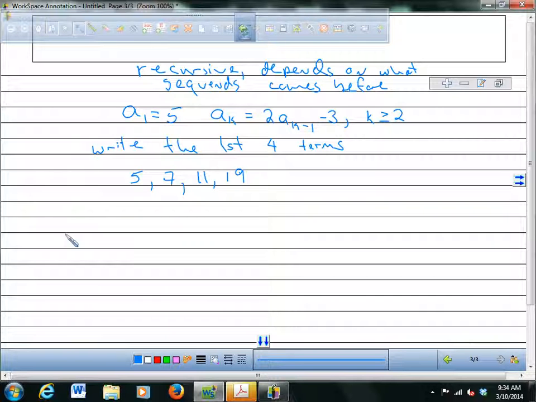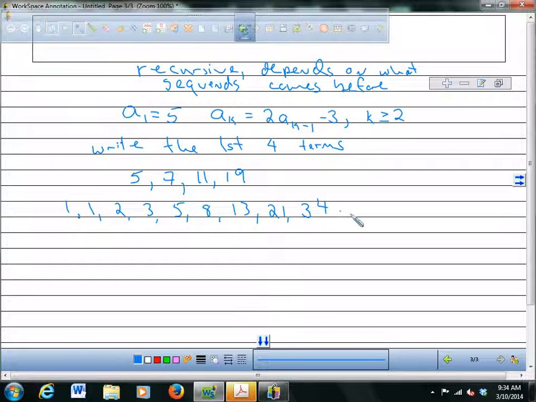That's recursive. There's a very famous recursive sequence that looks like this. 1, 1, 2, 3, 5, 8. What's next? 13, 21, 34.